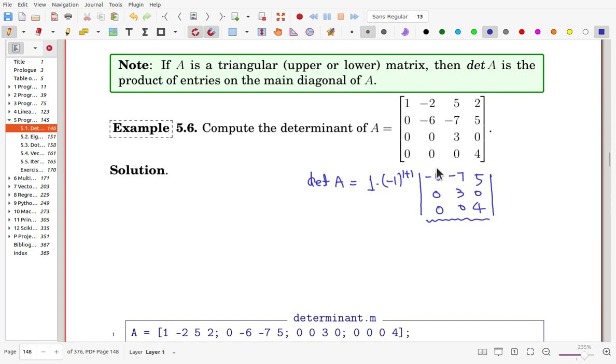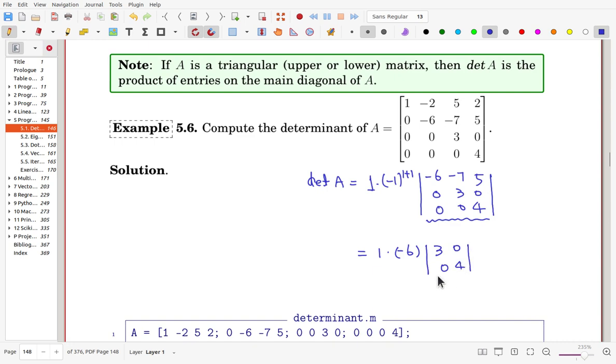Okay. Now, from this one, we have to get the determinant of this matrix. Again, this position is the 1, 1 position, and we use the cofactor expansion along this first column. Then there's 1, and this will disappear, and there's a minus 6, and here we'll ignore minus 1 to the 1 plus 1, and then the determinant of this submatrix, 3, 0, 0, 4.